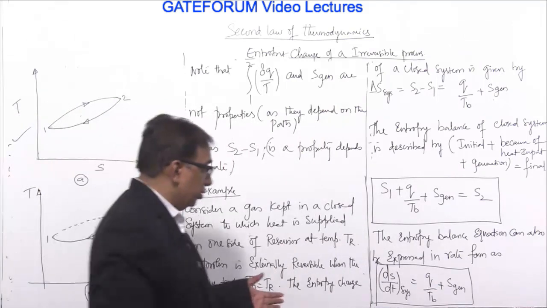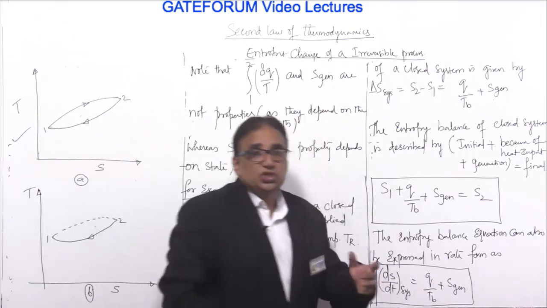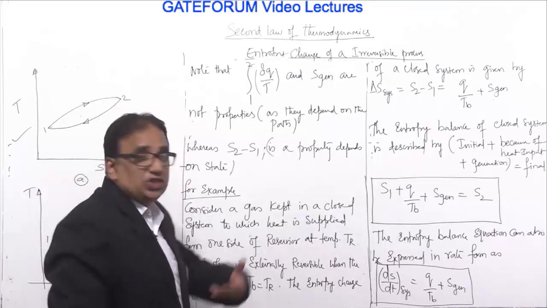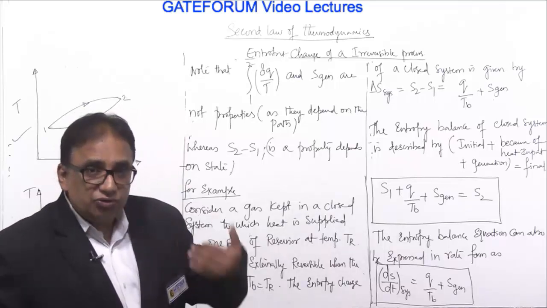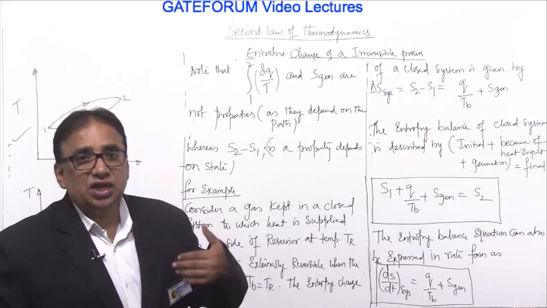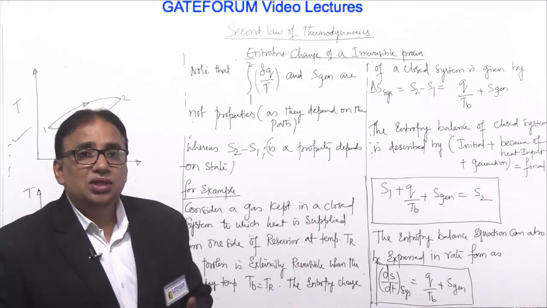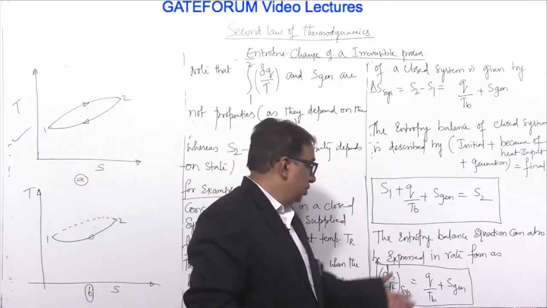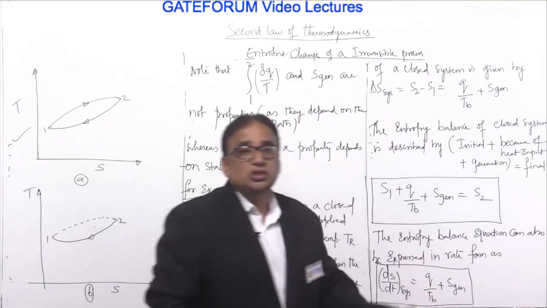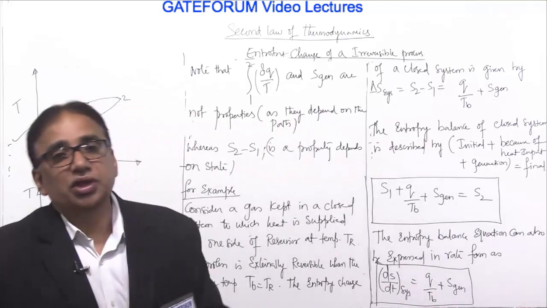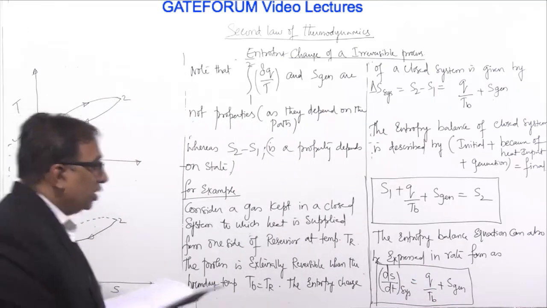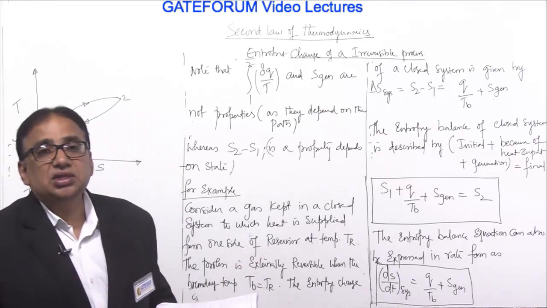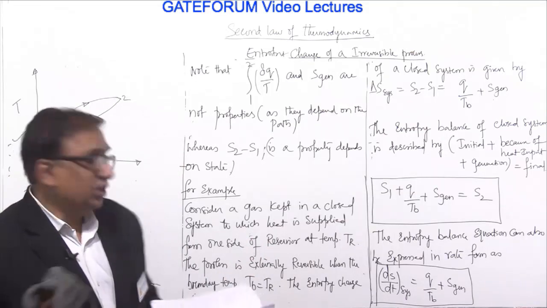What is the entropy equation? What does rate mean? The change S2 minus S1. dS means S2 minus S1, and dt, the change in time, means how much time you are taking to reach from S1 to S2. That depends upon the path which you are following. To reach Delhi from Hyderabad, what path are you choosing? Based upon that, the rates will be there. Whatever process you are using, the path will decide the rate.